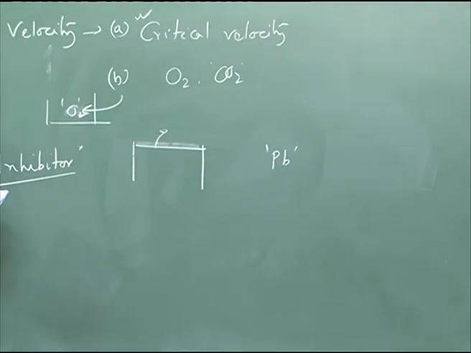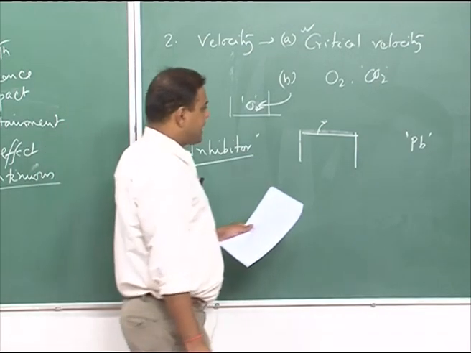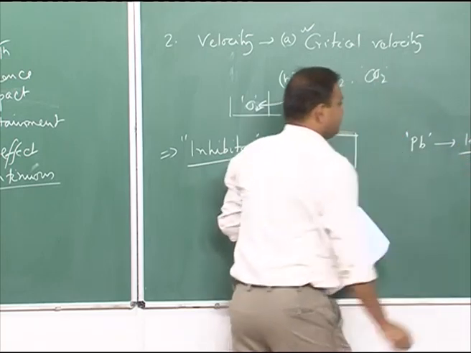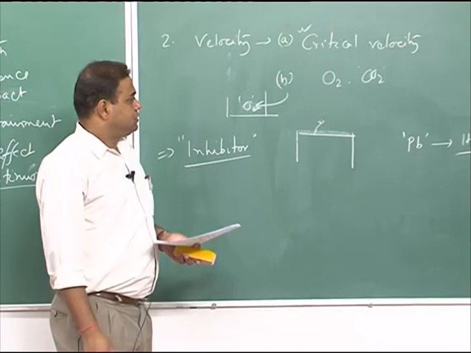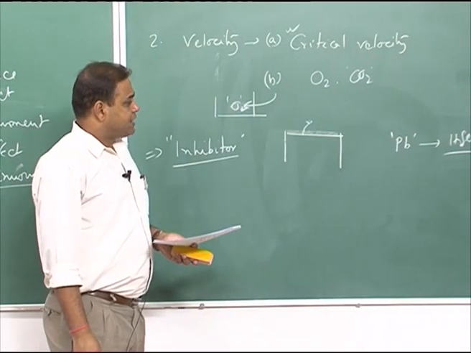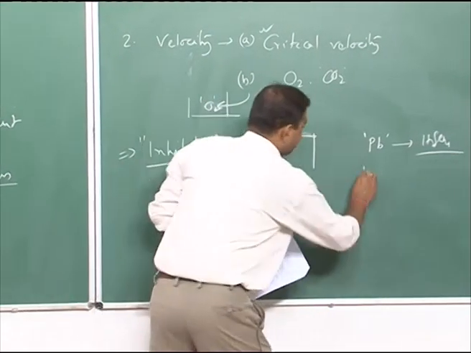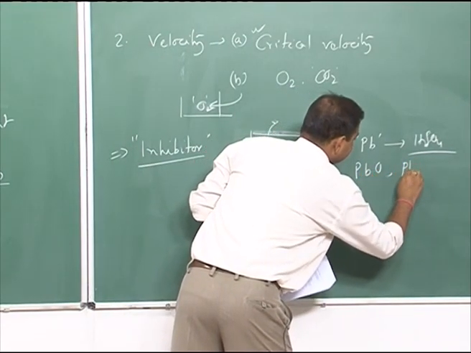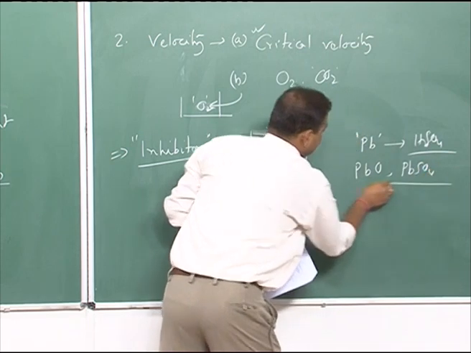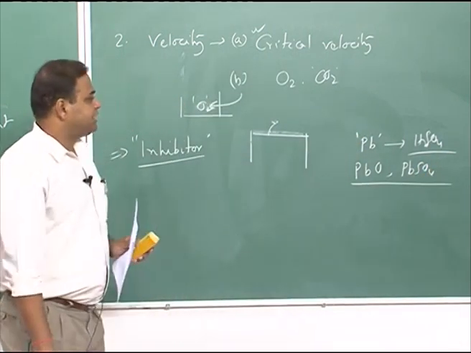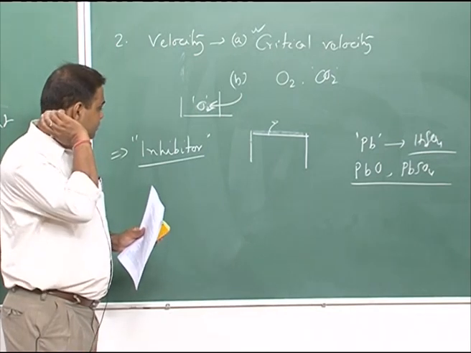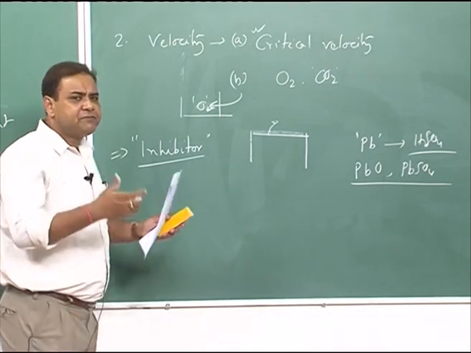That lead pipe can handle dilute H2SO4 for a long duration, and at that time we have lead oxide or lead sulphate films forming on the lead surface when it is exposed to dilute H2SO4.